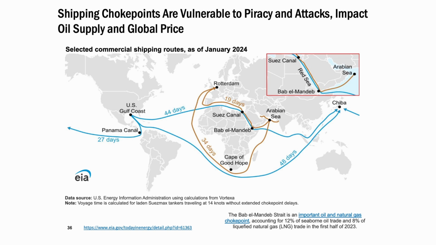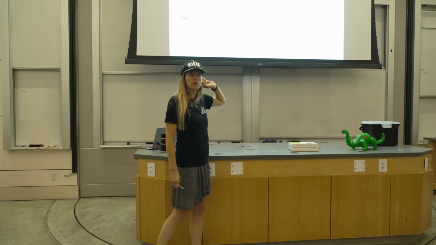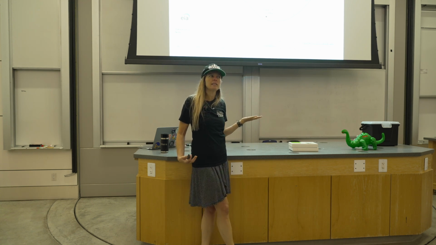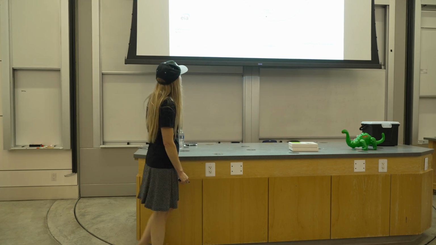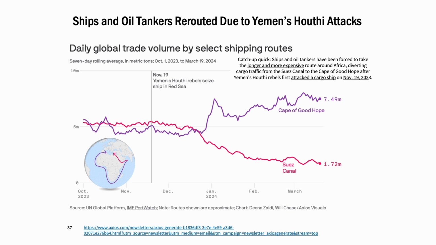So some of these choke points, you can see the narrow straits where a lot of the ships, like the Suez Canal, places like that, where the ships can go through. That just means that they're going to have to take longer routes to get to the places they're going when that kind of disruption is happening. So it's just one of our vulnerabilities in terms of our oil supply system, are some of these choke points. And this is just an example of a recent incident in the Red Sea and how it impacted the trade.